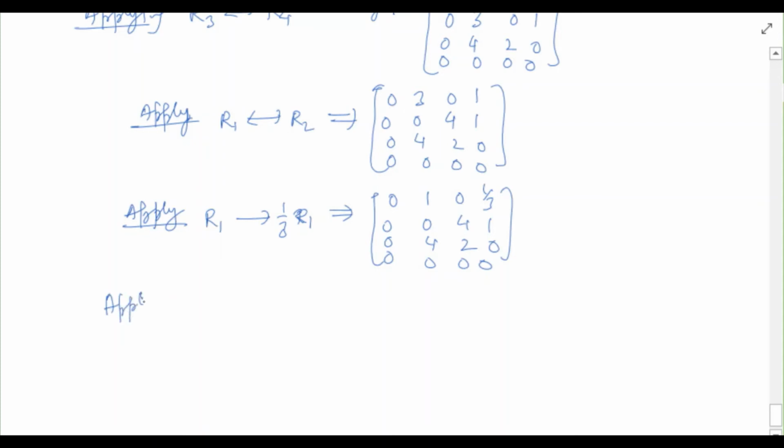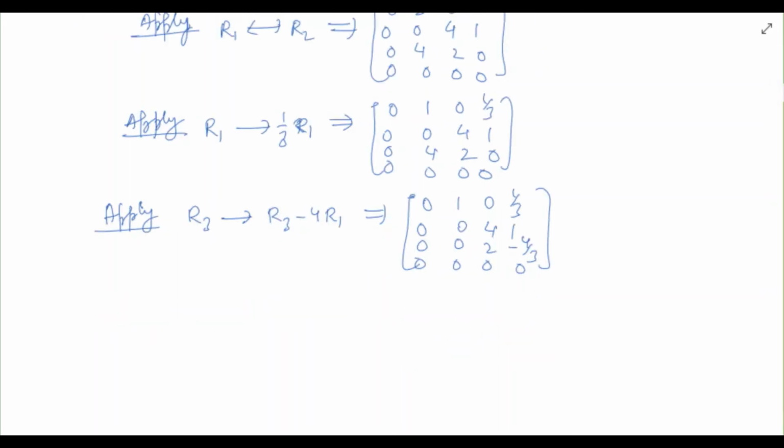To fix this, we apply R3 to R3 minus 4 R1, and we get 0 1 0 1 by 3, 0 0 4 1, 0 0 2 minus 4 by 3, 0 0 0 0.